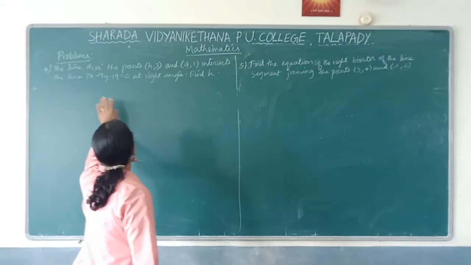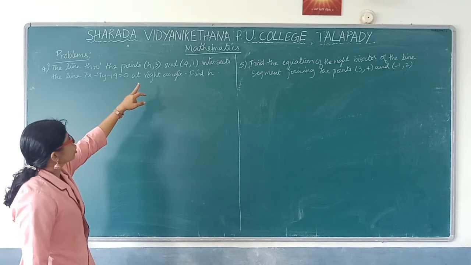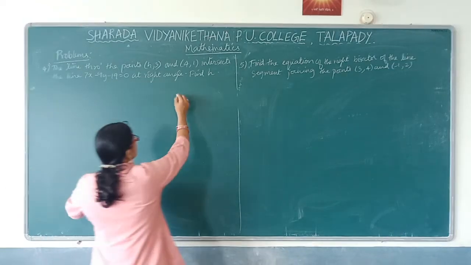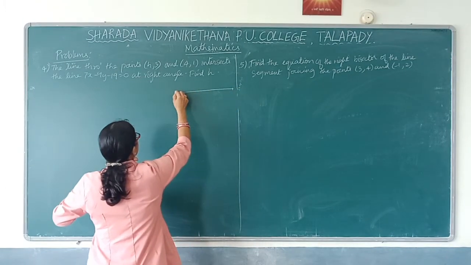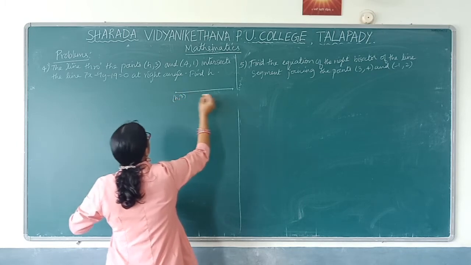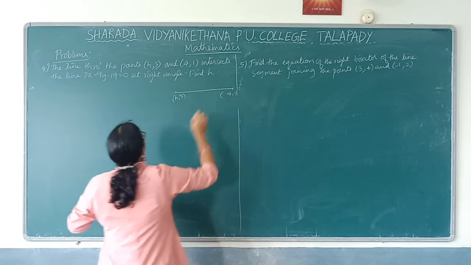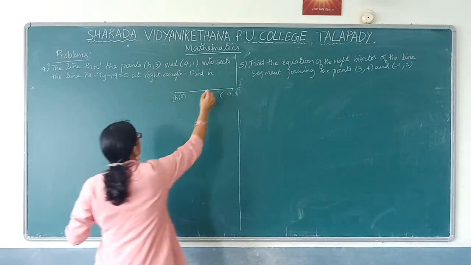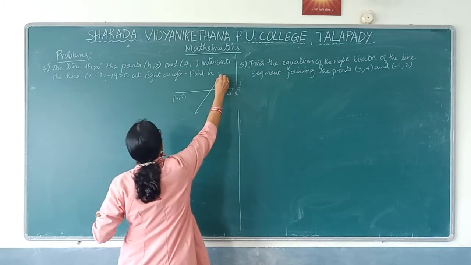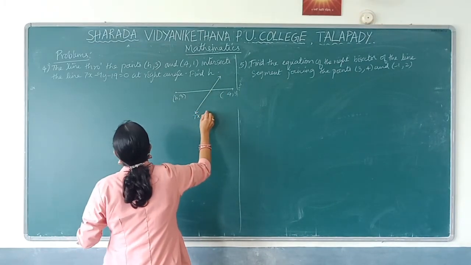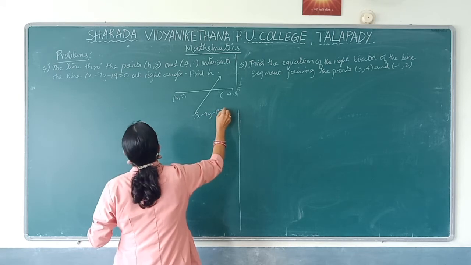Okay, we'll continue. The line through the points h, 3 and 4, 1. This is h, 3 and this is 4, 1. It intersects a line. One more line is there, which line? This equation is given: 7x minus 9y minus 19 is equal to 0.